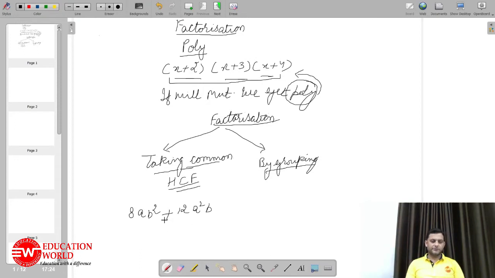So you will find the HCF for 8 and 12. Then you can also find the rest. I will tell you, always take the minimum power common.